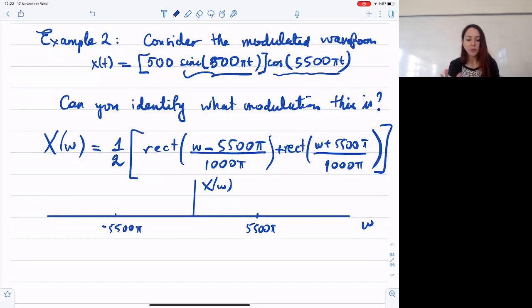And what is the bandwidth of the rect? 1,000 pi. And how is it going to look?